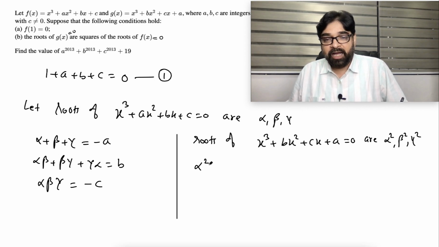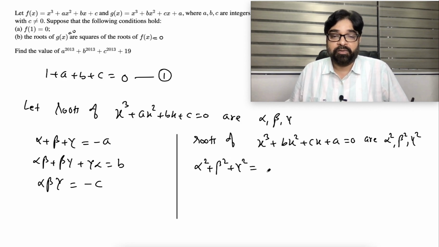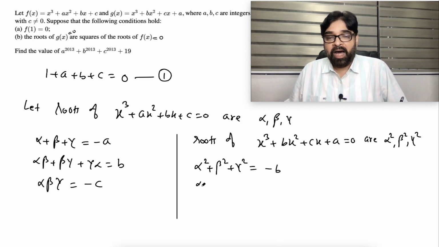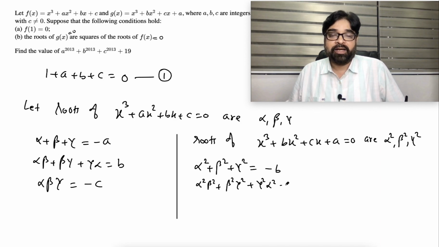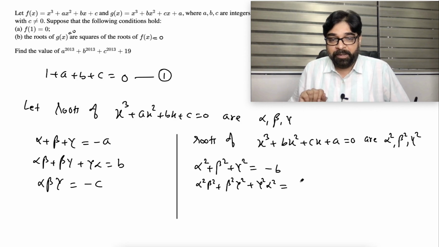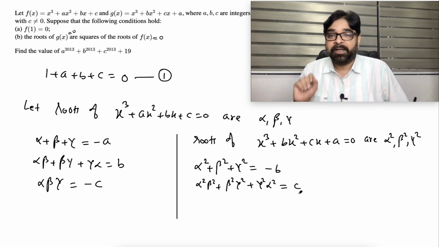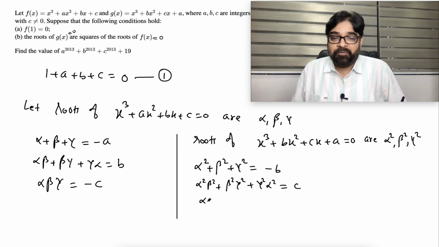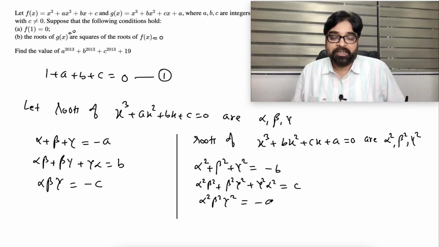So we will say alpha square plus beta square plus gamma square, sum of roots, equals minus b. Alpha square beta square plus beta square gamma square plus gamma square alpha square, sum of roots taking two at a time, will be plus c, and alpha square into beta square into gamma square equals minus a.